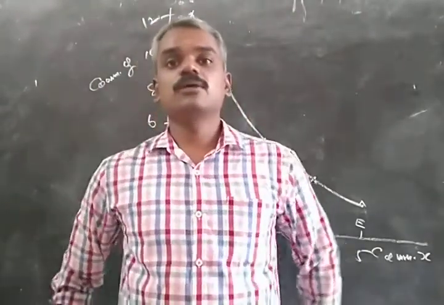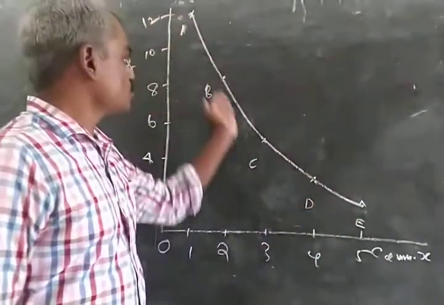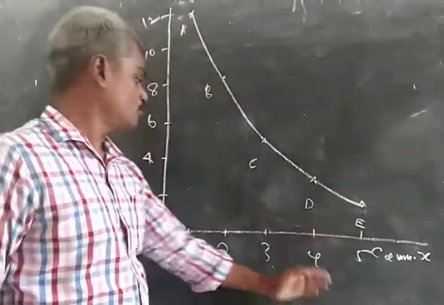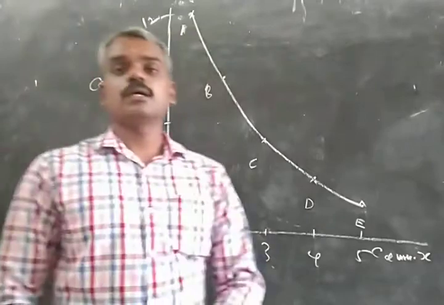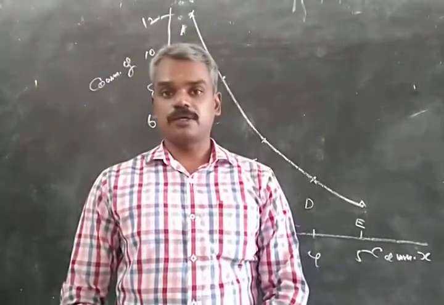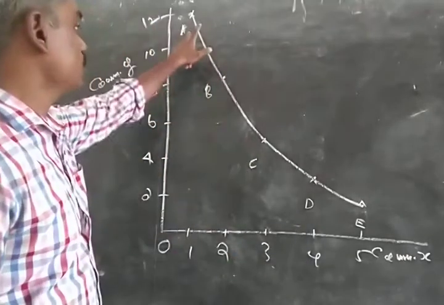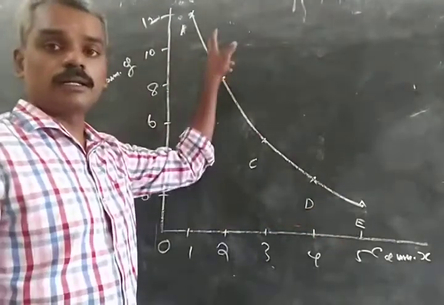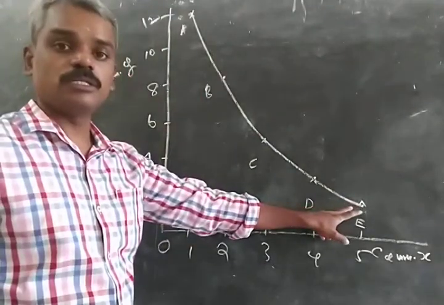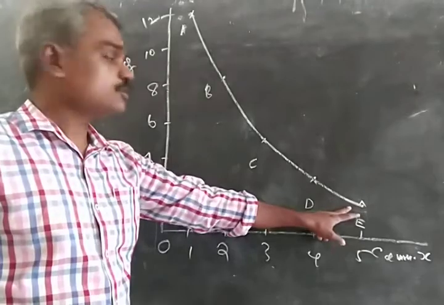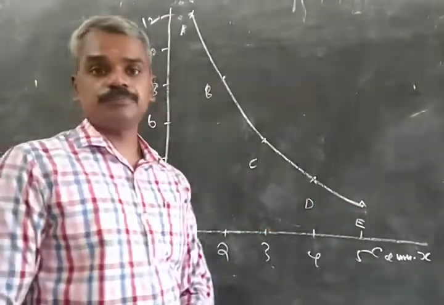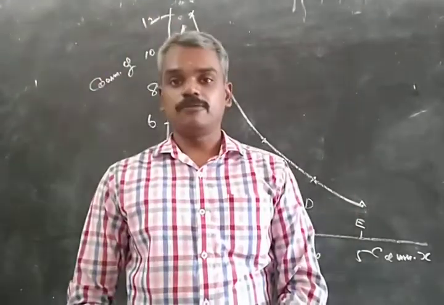An indifference curve is the locus of points of different combinations of two commodities that give the consumer an equal level of satisfaction. Here the locus of points are A, B, C, D, E, and there are an infinite number of points along this indifference curve on which the consumer is indifferent. So this is the indifference curve.